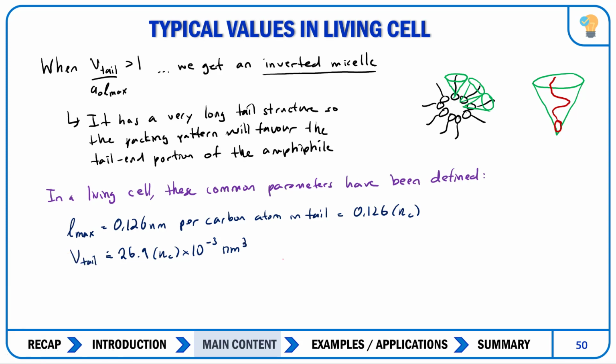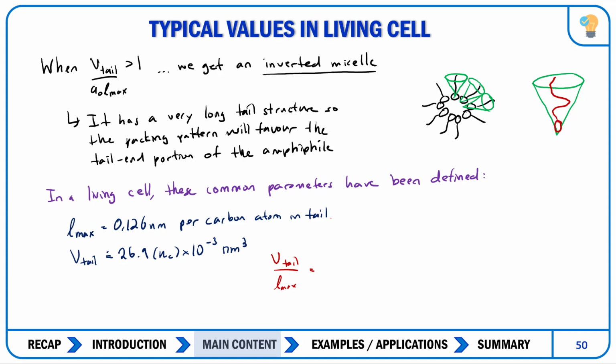So then with all of this, you can say V tail over L max. Oops, sorry, I should not have written this one down here. That would have been like L max many times over.